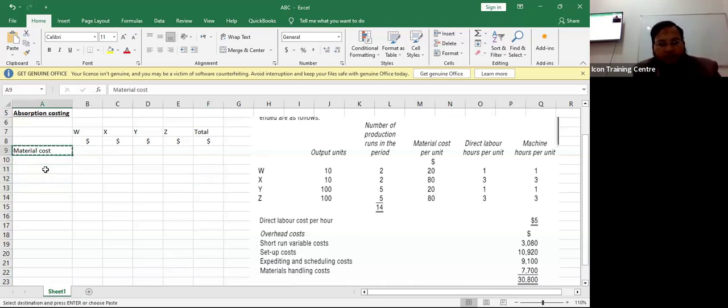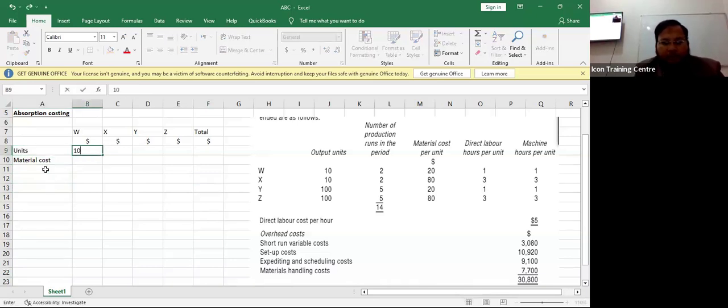So we consider units here. So for W we produce 10, for X we produce 10 units, for Y we produce 100, and for Z we produce 100 units, right? So in total we will produce 220 units.